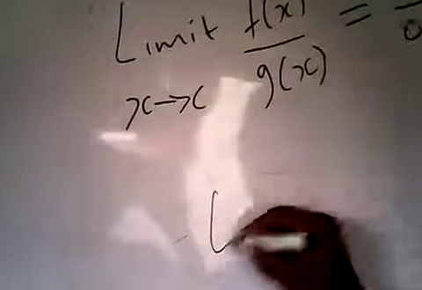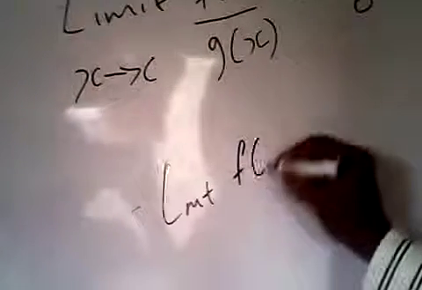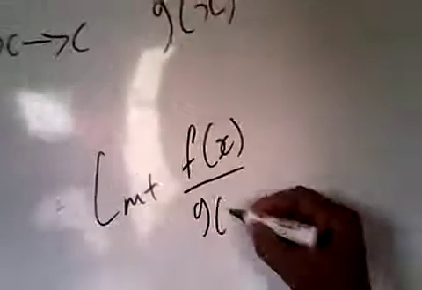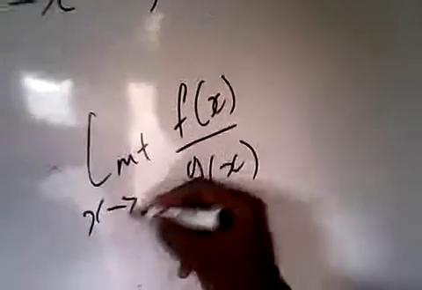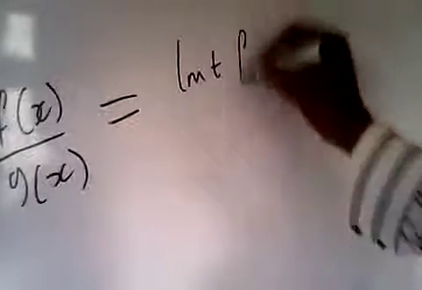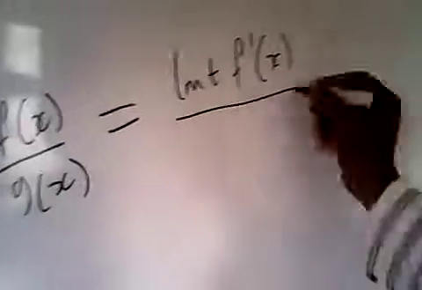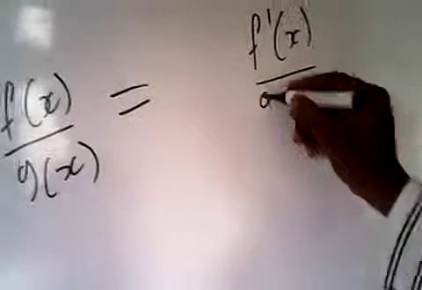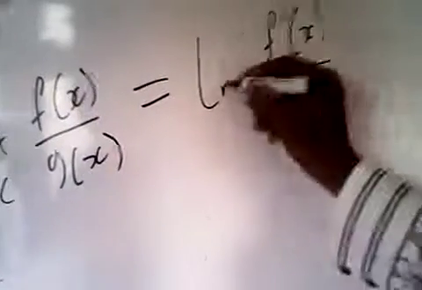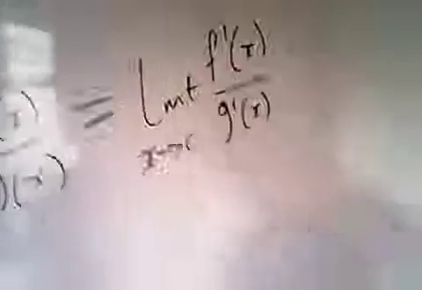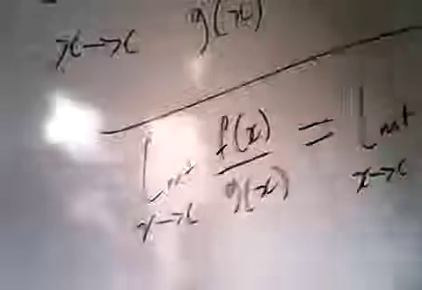What does the rule state? The rule states that the limit of f of x all over g of x as x tends to c is also equal to the limit of f prime of x over g prime of x as x tends to c.